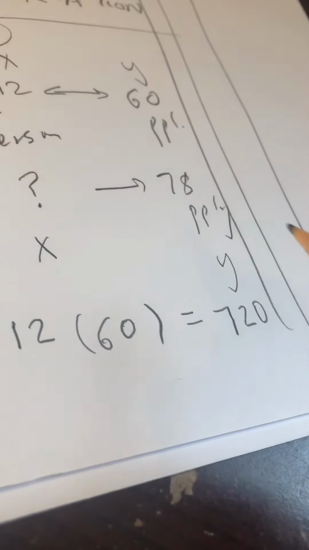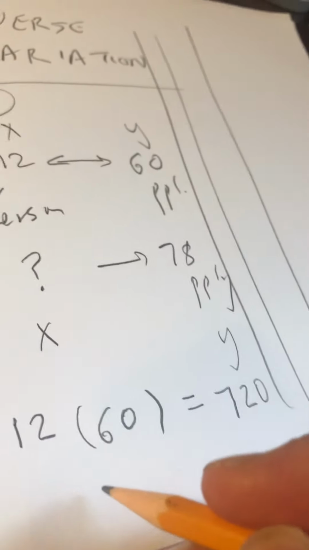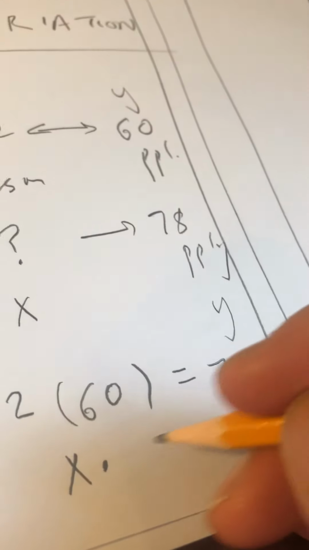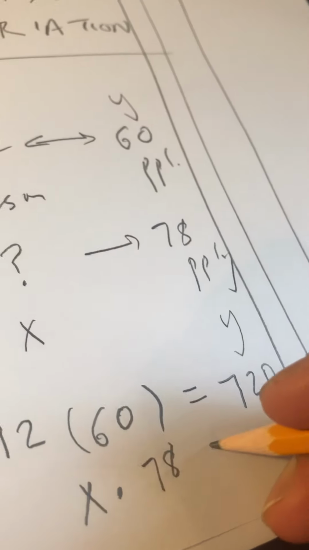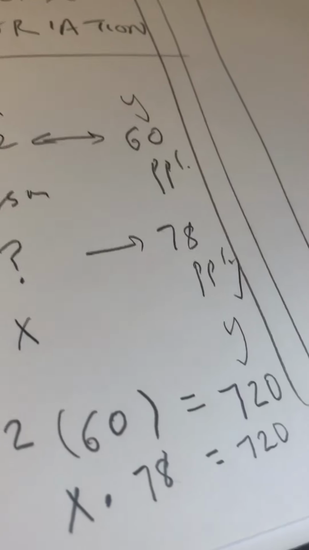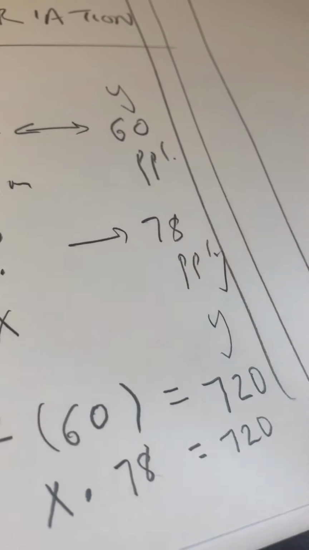And we're trying to solve X times 78 is equal to 720.